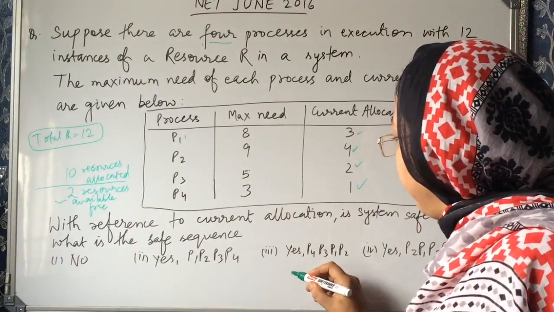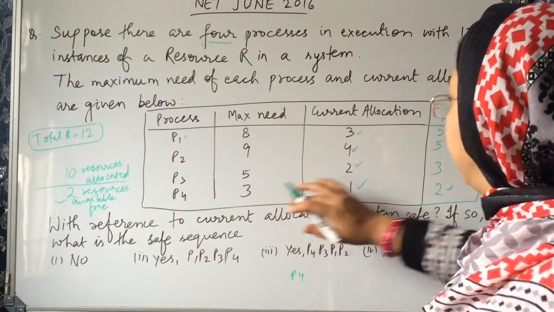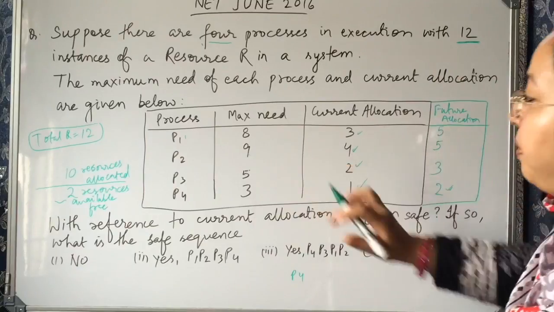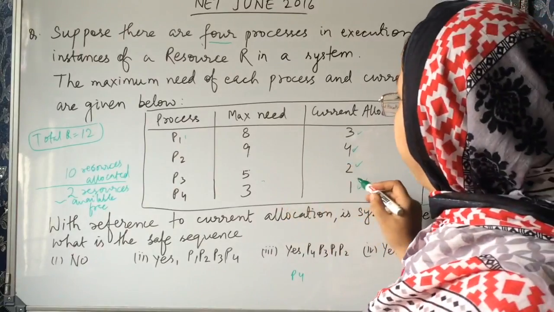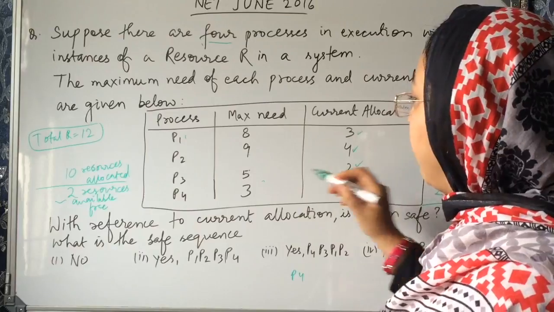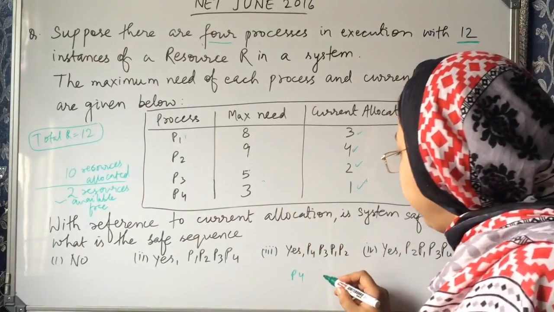If we assign 2 resources to P4, 1 is already allocated and 2 more will be allocated, so it will get 3 resources.